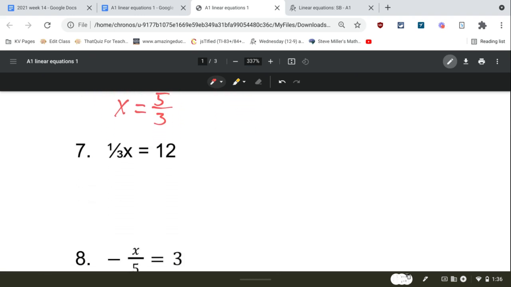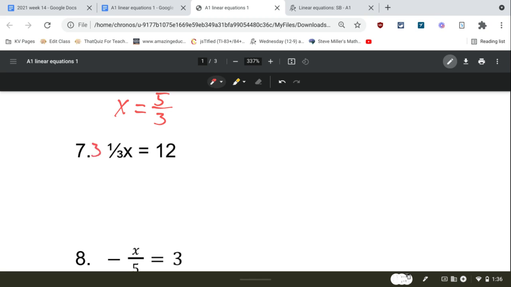Number 7. So we've got 1/3 x is equal to 12. You could divide by 1/3, but the way hopefully that we've been doing it is just by clearing the denominator. So to get rid of that division by 3 there, we're going to multiply the whole equation by 3.